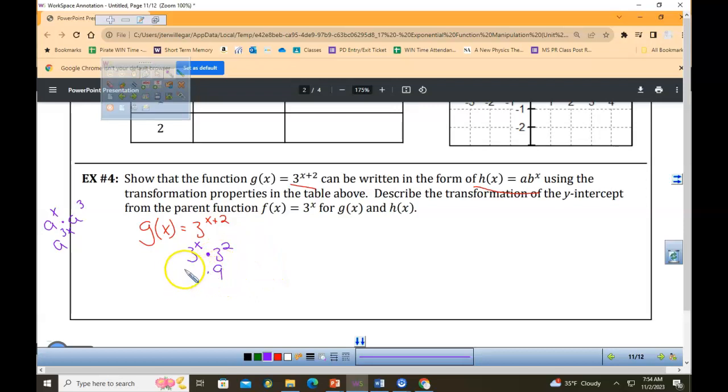It's 9. 9 times 3 to the x. So wait a second. I just rewrote this function as my h of x, which they wanted. It's equal to 9 times 3 to the x. We did it. So are these the same function? They actually are the same function. Isn't that wild? So shifting it can be the same as a vertical stretch. Weird, right?